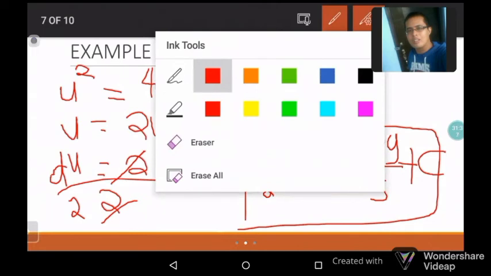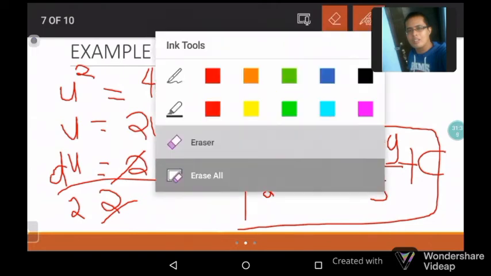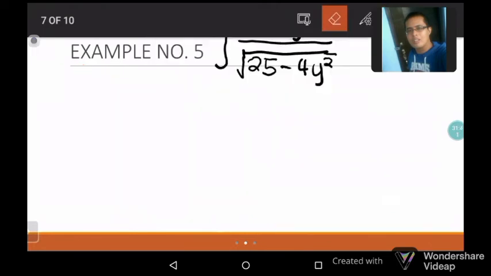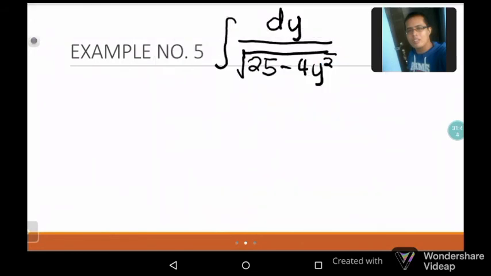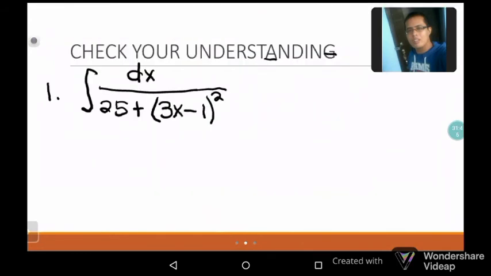Okay, so number 1, the integral of dx over 25 plus 3x minus 1 squared. If you need more time, you need to pause the video.